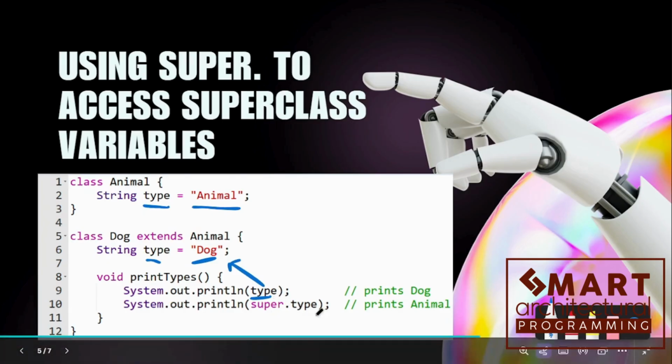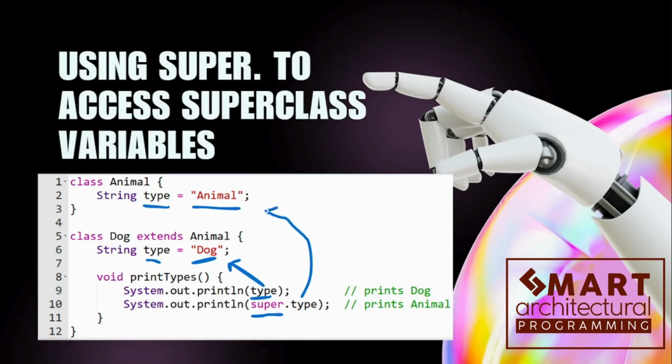If we write just simply type, it's going to go back to this particular portion. But when we say super.type, it's saying, hey, don't go here, go to the superclass, find the type variable there, and print that instead of what you're printing here.